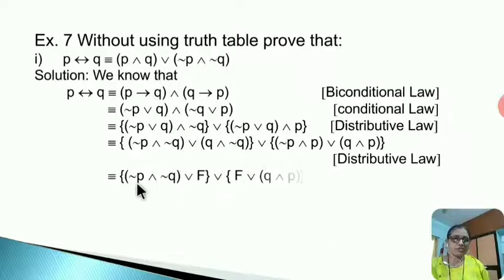So now it becomes negation P and negation Q or F or Q and P. The justification is we use complement law here. Now use identity law. What is our identity law? P or F is P. So here negation P and negation Q or F is negation P and negation Q.